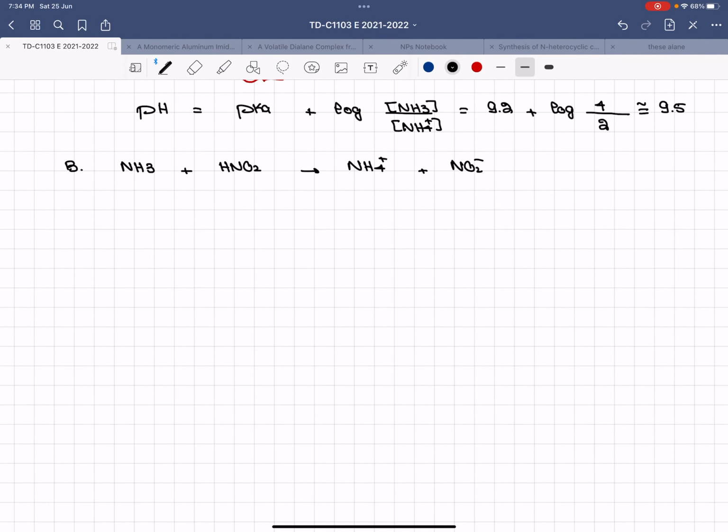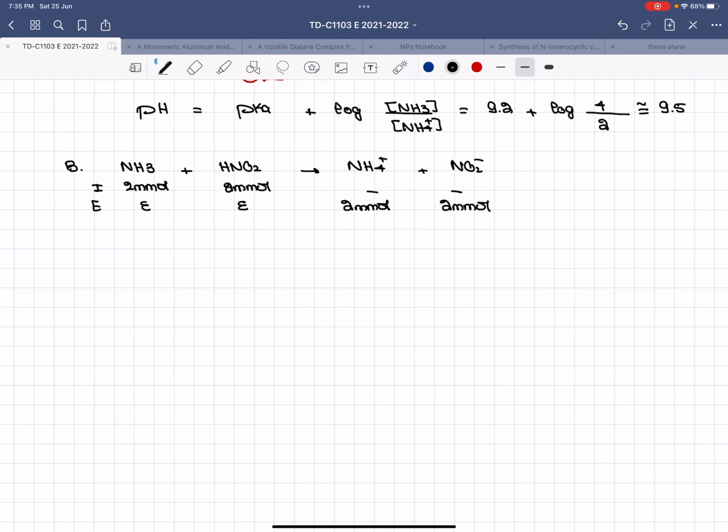Okay, so initially this is 2 millimole, 2 millimole. Both of them are limiting, so this is a value of epsilon, approximately zero. This will be 2 millimole. This will be 2 millimole.